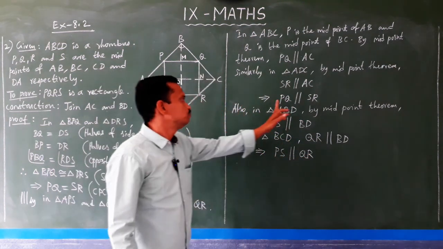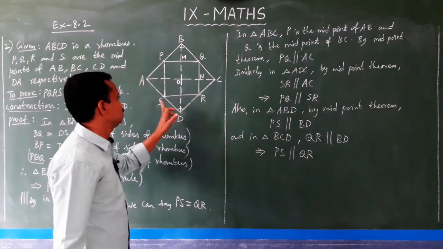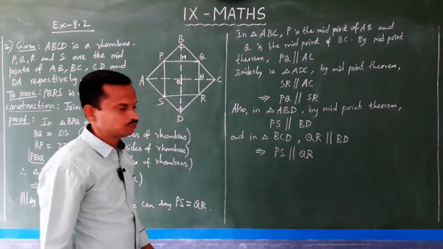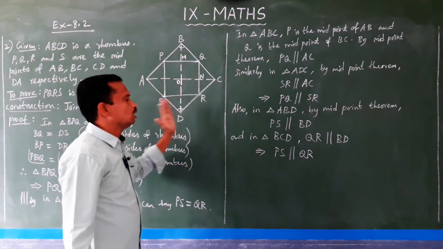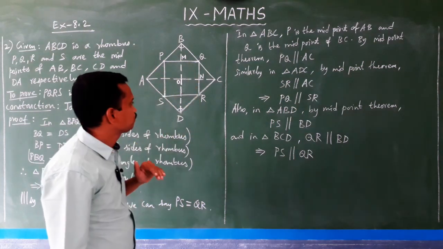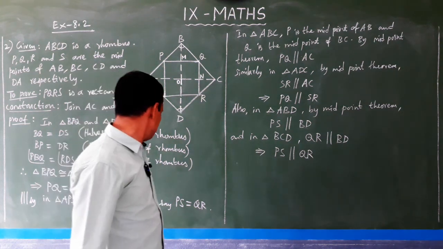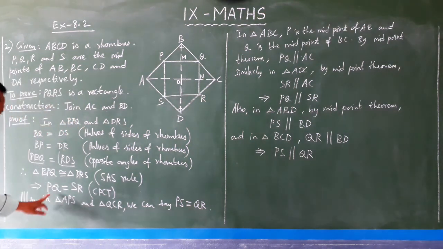So now we got PQ is parallel to SR and PS is parallel to QR. So now in quadrilateral PQRS, the opposite sides are parallel. Already we have proved PQ is equal to SR and PS is equal to QR.